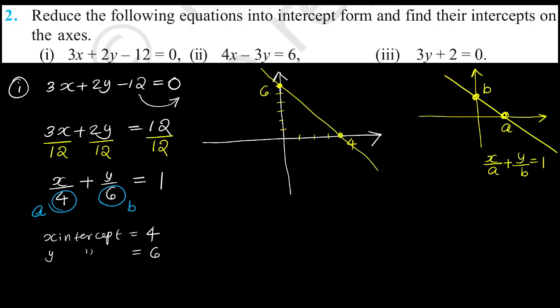Okay. So the method is clear. Make right side 1, we get intercept form. So please write down. If you have any doubt, you please ask. If you have written and no doubt, raise your hand. Devasri understood.